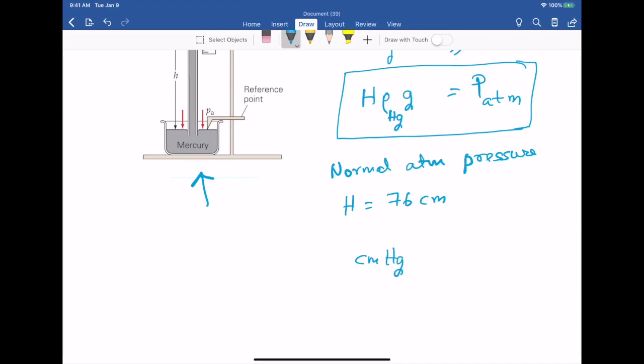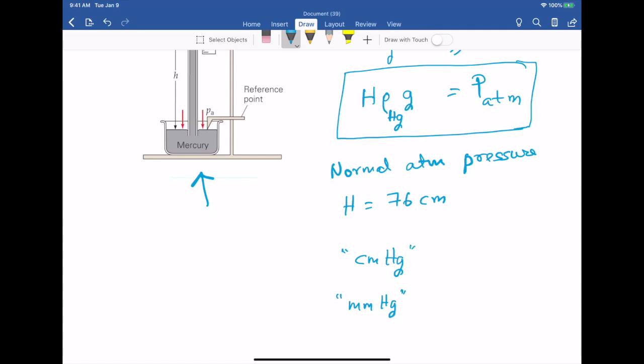cmHg is just a unit of pressure, which basically means the pressure exerted by 1 centimeter of mercury. And 76 cmHg would correspond to 1 atmosphere, right? Similarly, you can have another unit of pressure, which is the mmHg, the pressure exerted by 1 millimeter of mercury.